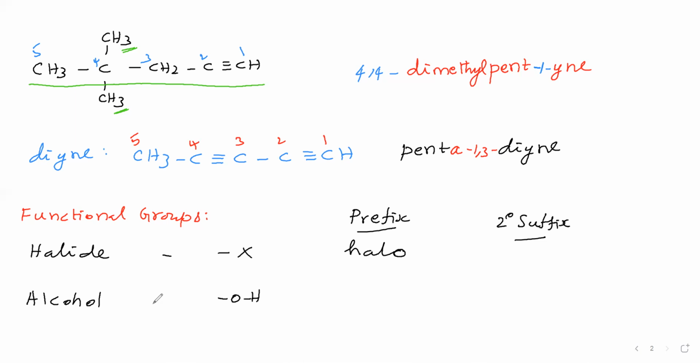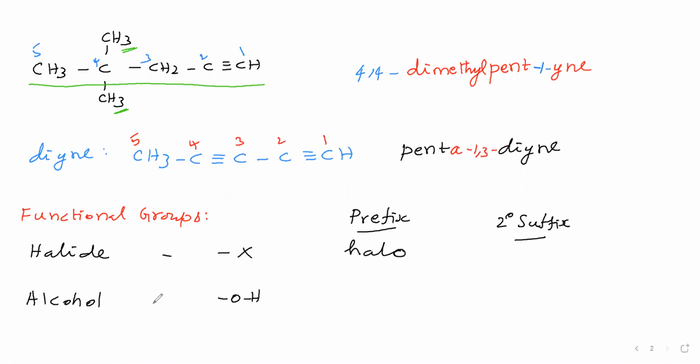If the organic compound contains only an alcoholic group as a functional group, then this alcohol comes under secondary suffix. Suppose the organic compound contains two or more functional groups, then out of the two or more, one is the main functional group and the rest are substituents.